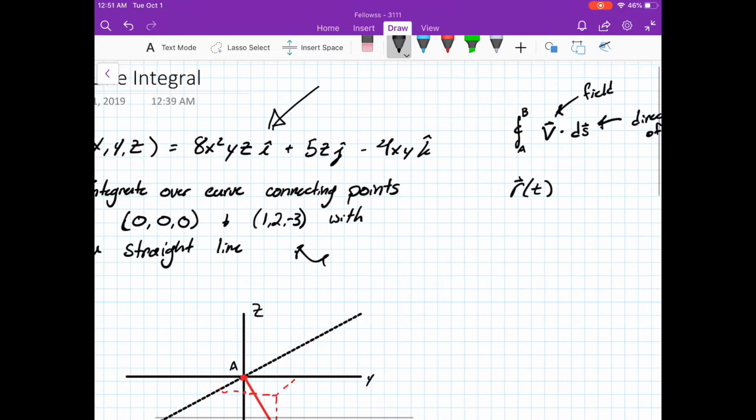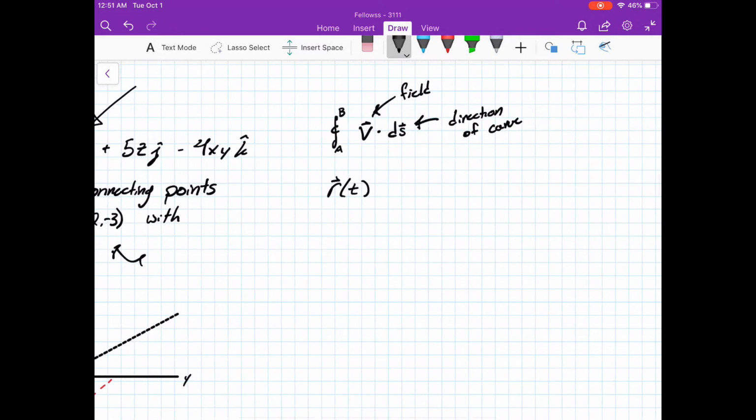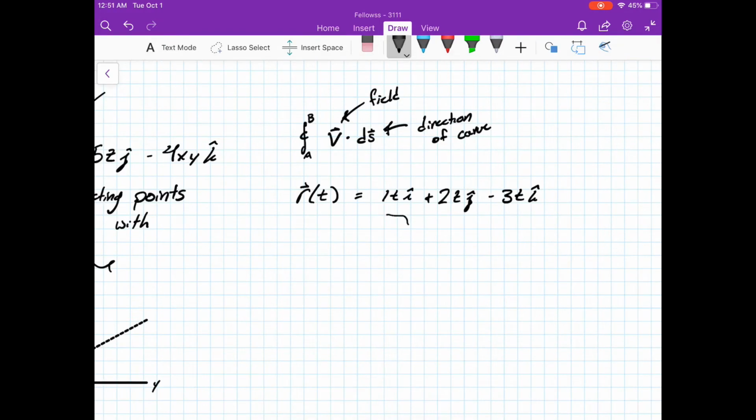So we can say this is 1t i hat minus 2, plus 2t j hat minus 3t k hat. And we know this progresses linearly for each one of these variables from 0 to 1. So that's our r of t.